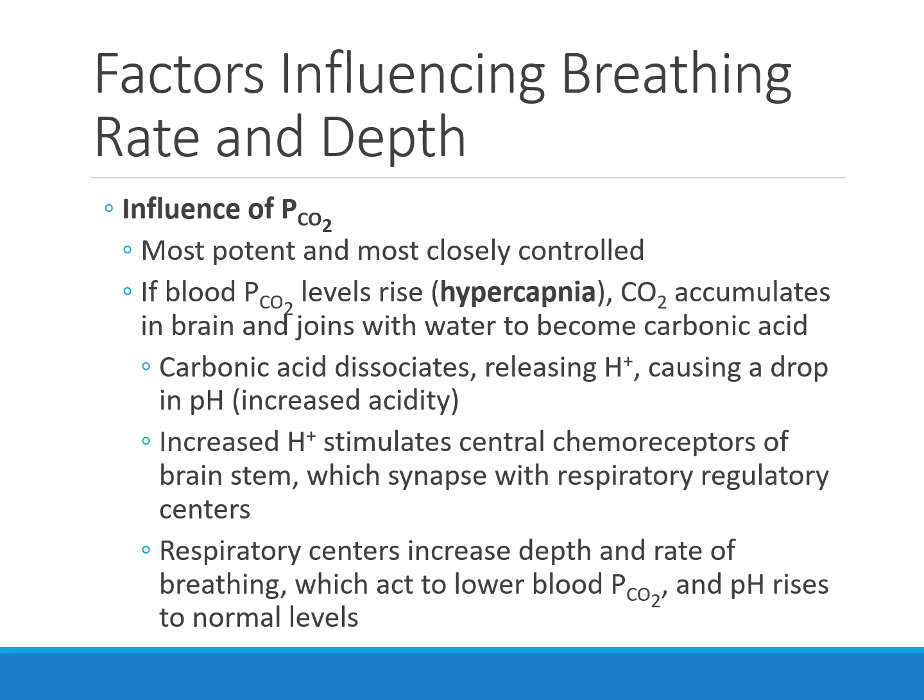Increased hydrogen ion stimulates central chemoreceptors of the brainstem, which synapse with respiratory regulatory centers, and the respiratory center increases the depth and rate of breathing, which acts to lower the carbon dioxide in the blood by having you breathe it out more, and the pH goes back to its normal place.